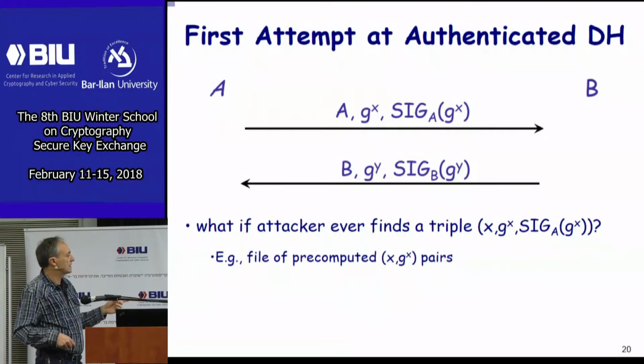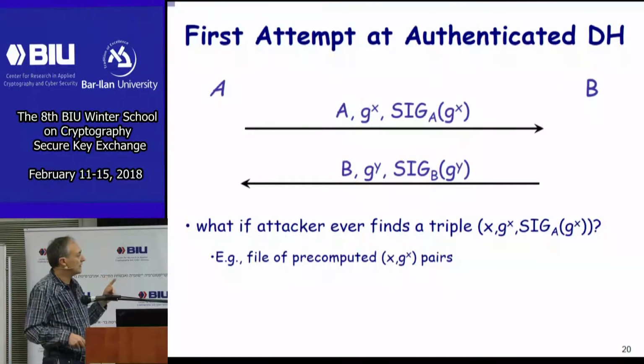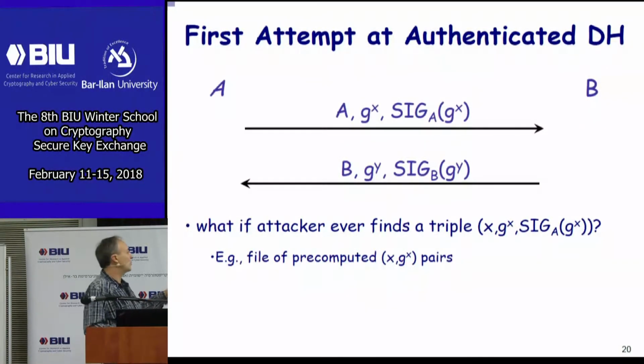However, in this case, if the attacker finds a single triple X, G to the X, and the signature, okay? The signature it finds from here. So it sees this public information, but it finds X. Now, if the attacker found X, okay, that's it. Now, the attacker can replay this message with anyone in the world, okay?